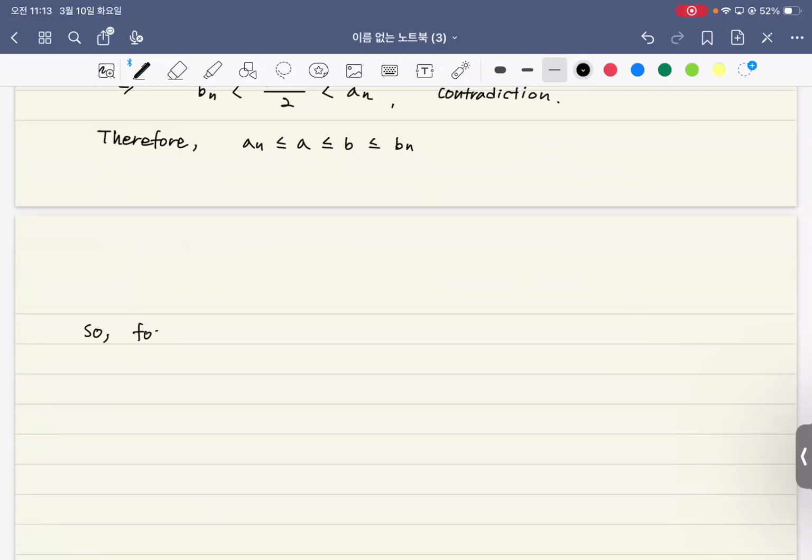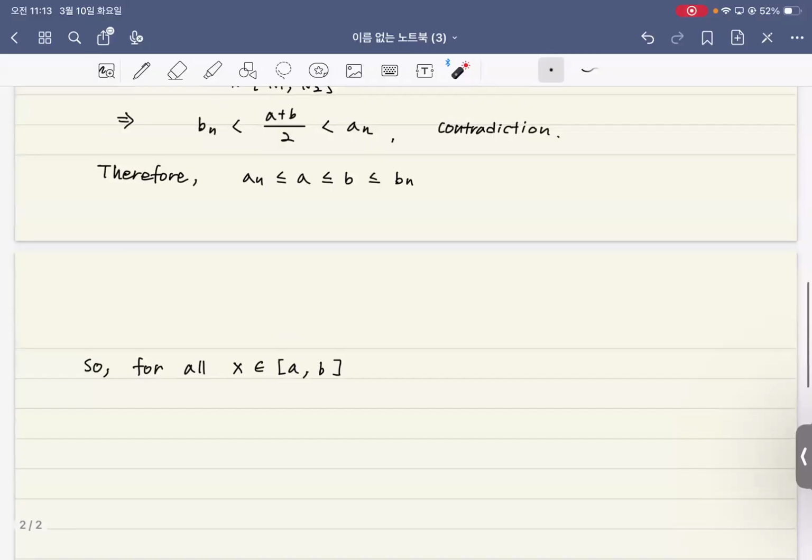If b was strictly less than a, then this would be an empty set. Therefore, it cannot contain anything. However, since we have these inequalities, this is clearly a non-empty set. Therefore, I can find some number x from this interval.